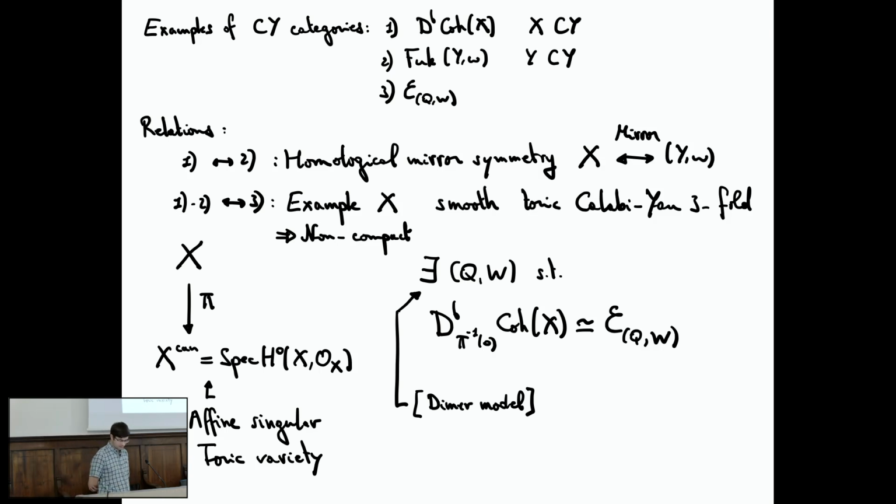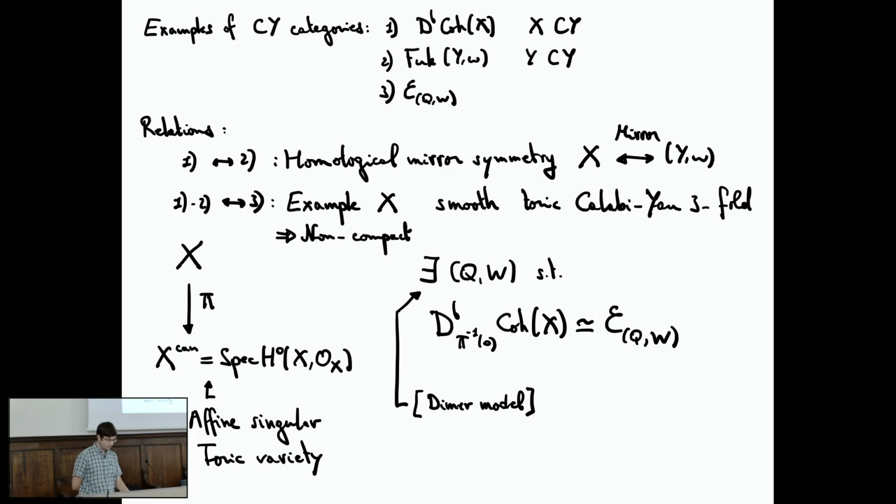And sometimes a category coming from geometry might have an alternative description as coming from a quiver with potential, or you might start with a quiver with potential and realize that your category has a geometric interpretation. There are many examples of this phenomenon.